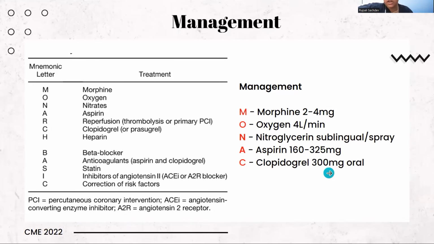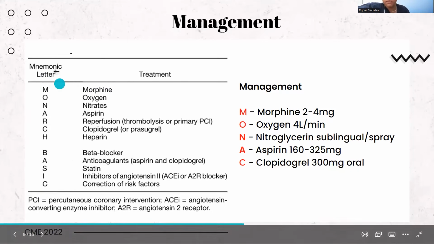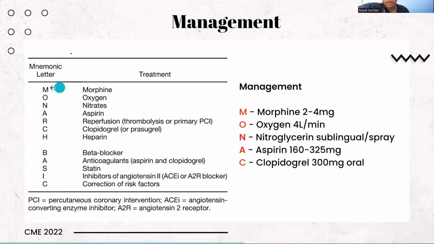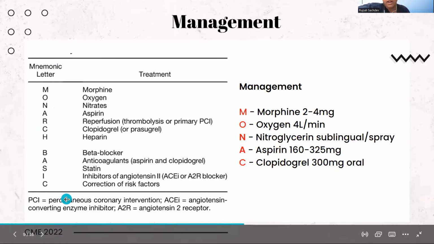Aspirin, 160 to 325 milligrams of aspirin you give orally. Again, clopidogrel, 300 milligrams orally. This is a longer mnemonic, which is MONA C and BASIC. For the MBBS interns, I'm sure you had at some point written an MI answer, and this BASIC mnemonic covers everything.